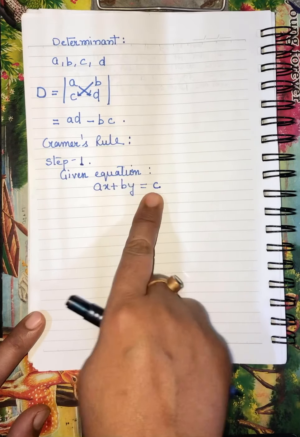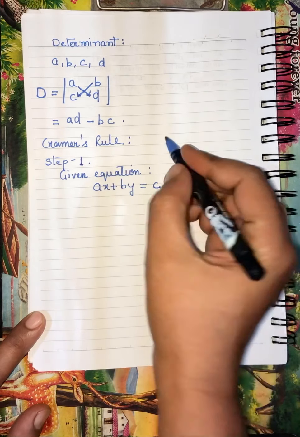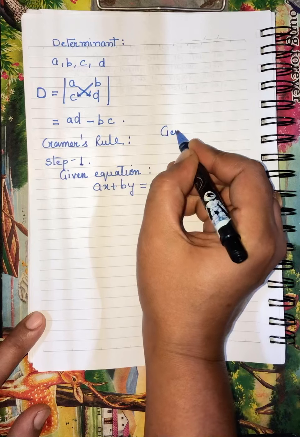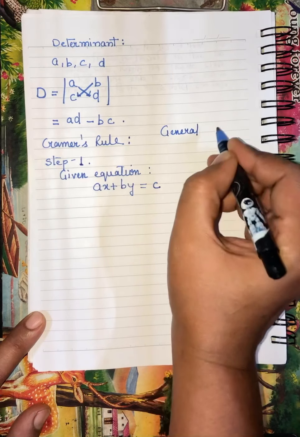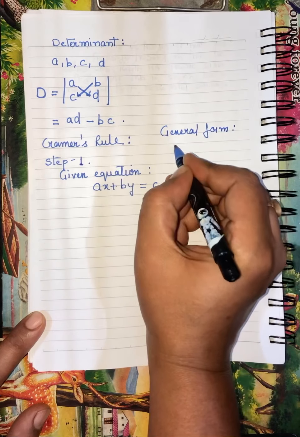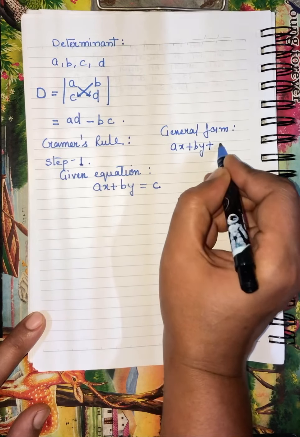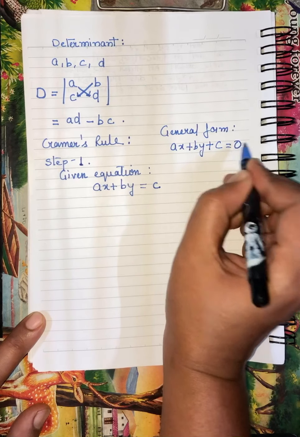Here the constant should be taken to the right hand side, because the general form of a linear equation is ax plus by plus c is equal to 0.